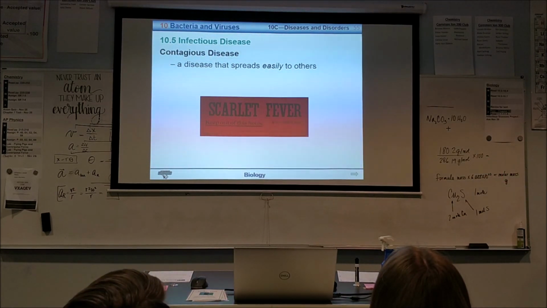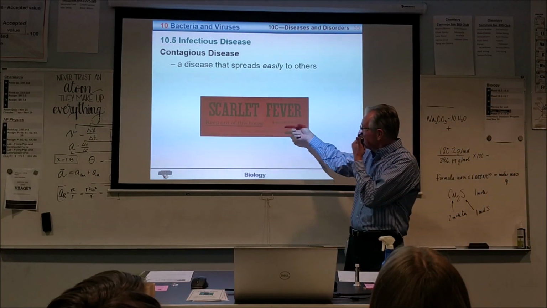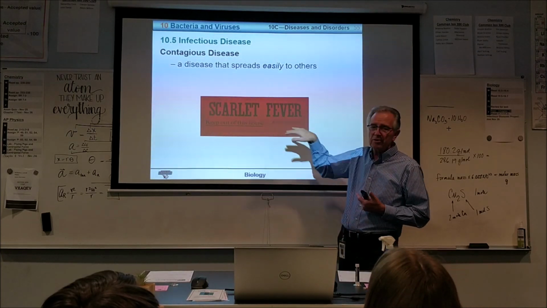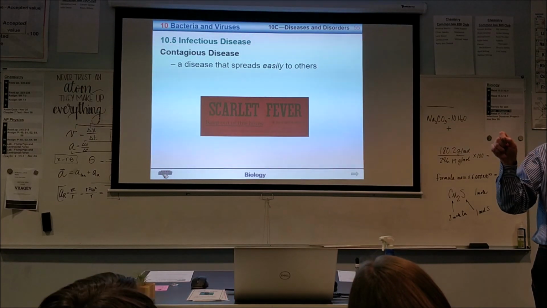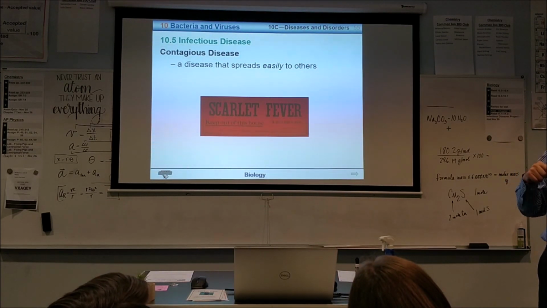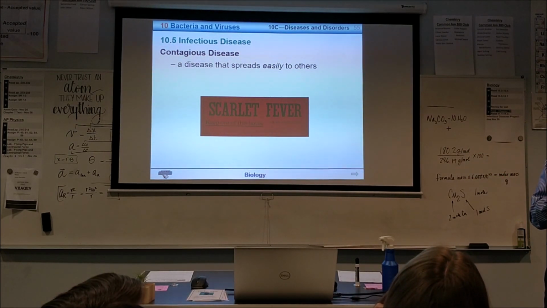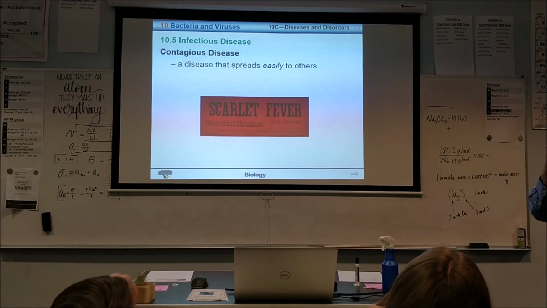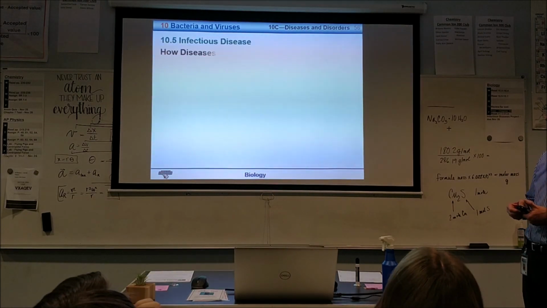It was considered so contagious that if a person in a house had scarlet fever, the health department would put a sticker on the house, and it made it illegal for anybody to go in that house or for people in that house to go out, because we didn't want anybody else in the population to be infected. It spread from one person to the next, so we needed to keep those people out of contact from healthy people.